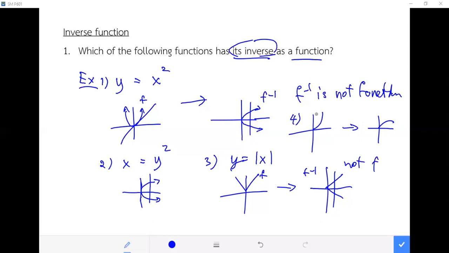You have a parabola like this, the parabola just on the positive side, and then this is your f. You find f inverse, right? Yeah, this one is fine. This is a function, it passes the vertical test. When you find the inverse, reflecting over the 45 degree line, it looks like this, and it also passes the vertical test.